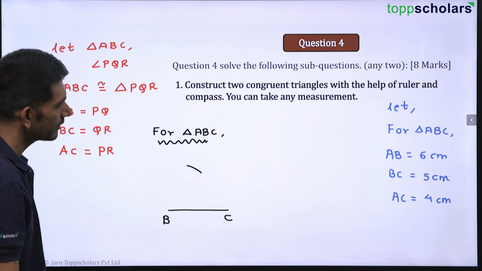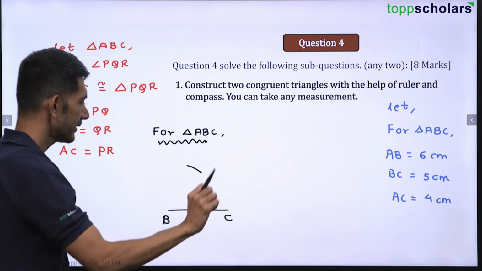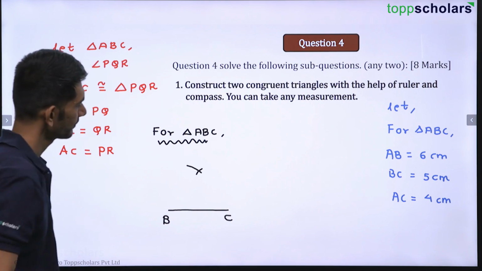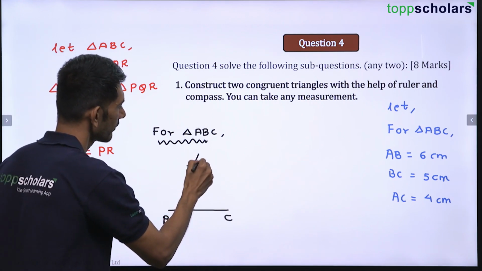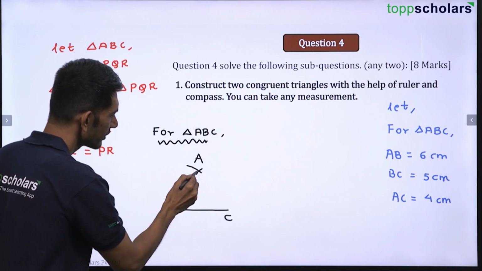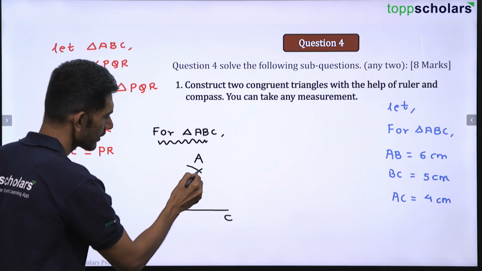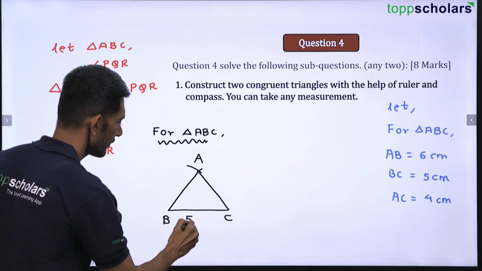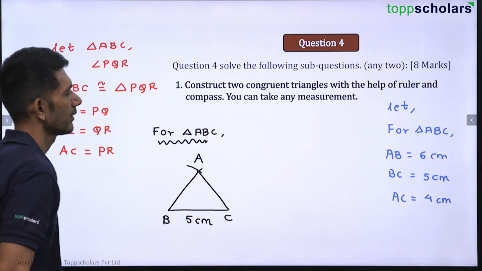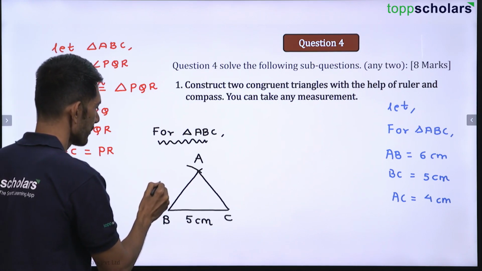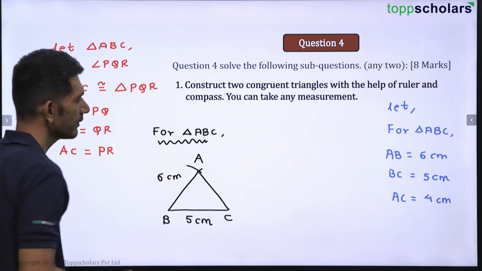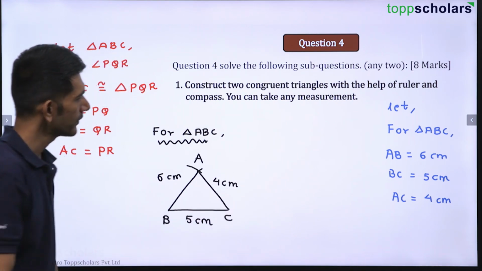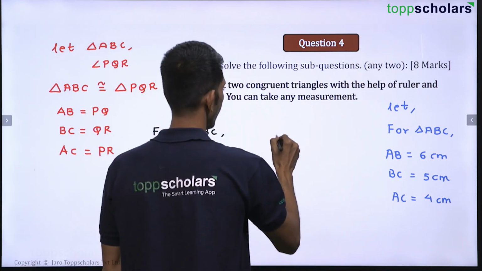AC is 4. Then place the compass pointer at C, correct? And then cut an arc. This point is A. I don't think I need to tell you this. And just join AB, join AC. So BC is 5 centimeter. AB is 6 centimeter. AC is 4 centimeter.